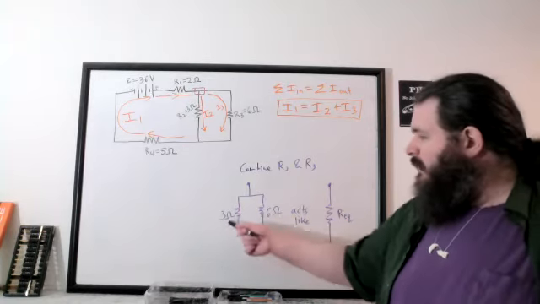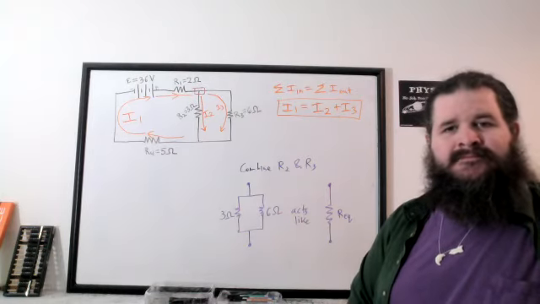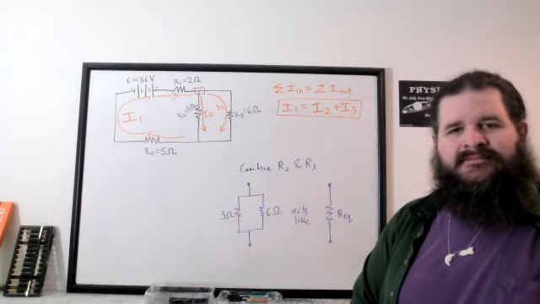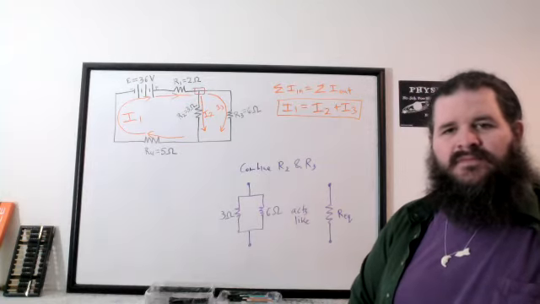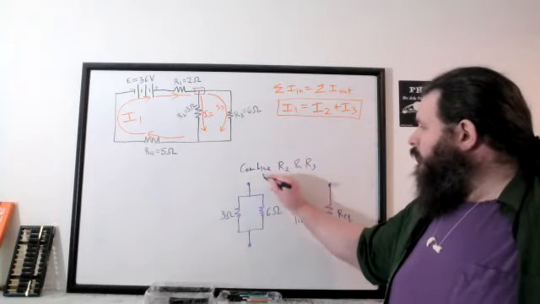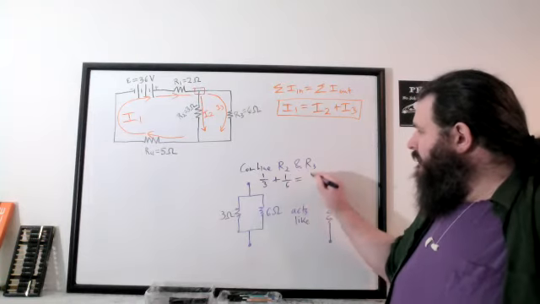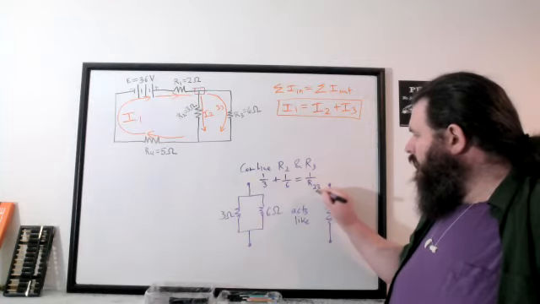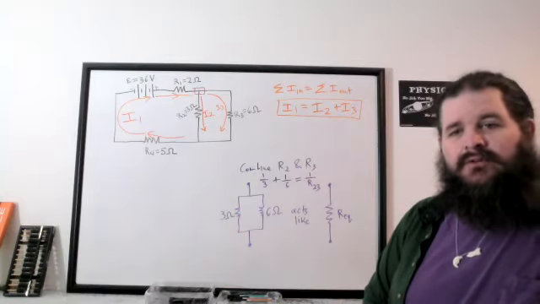So how would we combine 3 ohms and 6 ohms in parallel? Can we just add those together to get 9? No, what do we have to add instead? Yeah, we got to add the inverses. So we add 1/3 plus 1/6, and that'll give us 1 over the equivalent resistance, which I would usually call R23, because it's a combination of resistor 2 and resistor 3.